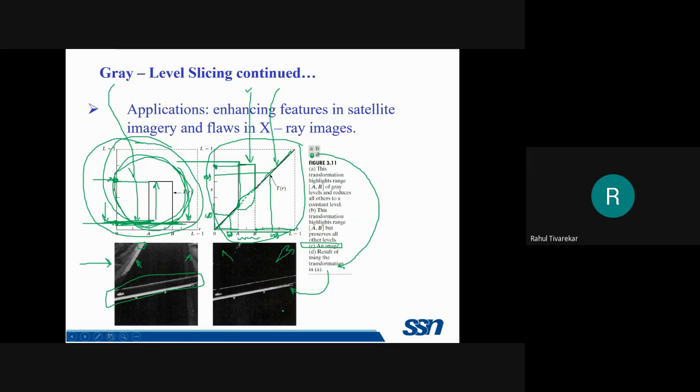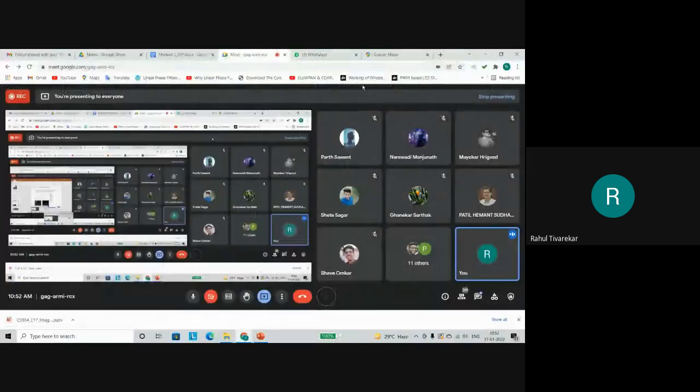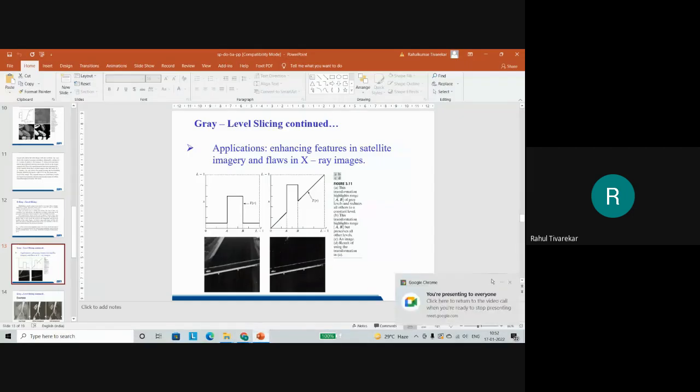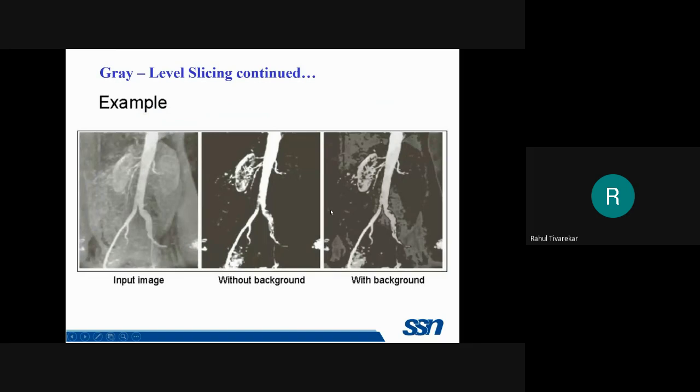I will show you one example where gray level is sliced, but the background is also preserved. That is called gray level slicing with background. I think I have copied that image here itself. So let me show you here itself. Yes. So in this case, this is the input image. As I explained earlier, one example is where you want to trace the blood veins in the human body.